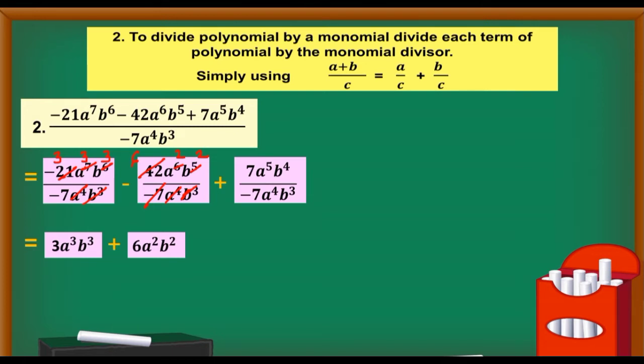And then, if we notice, our sign is positive divided by negative, so it becomes minus. And then 7 divided by 7 is 1. And then the a raised to 4 cancels, so what remains is 1. You can write it or not, since it is just 1.